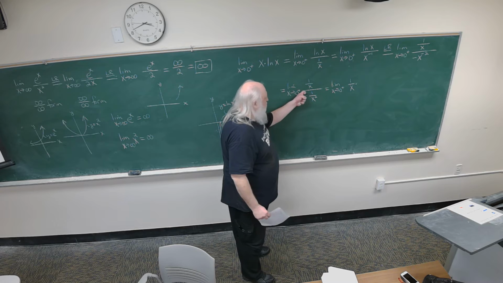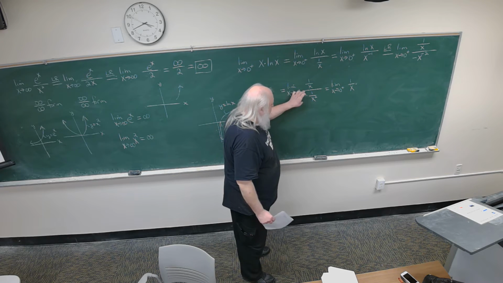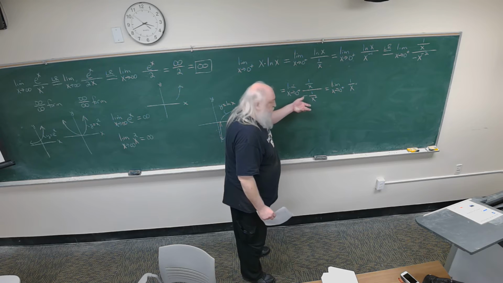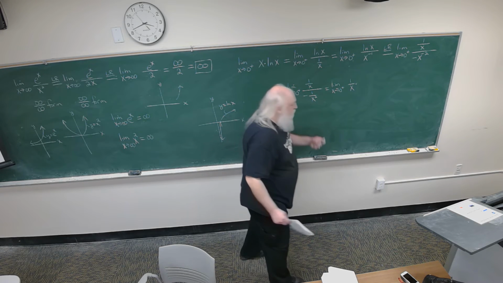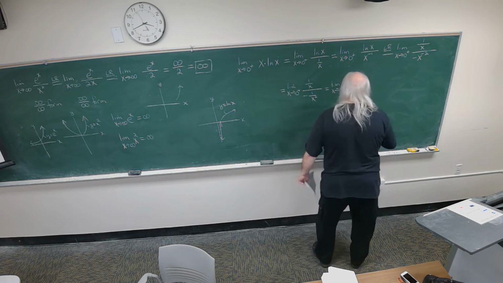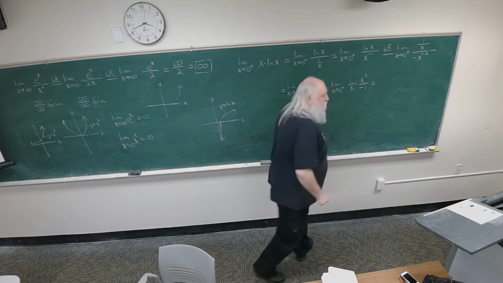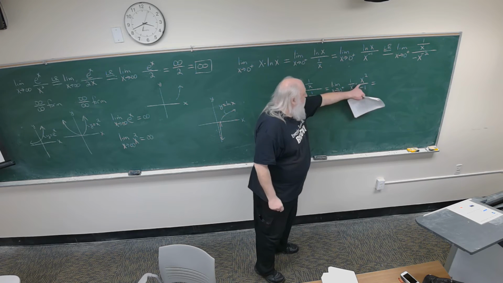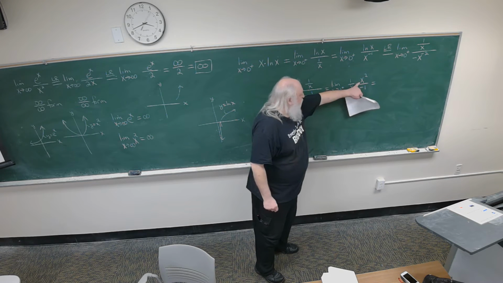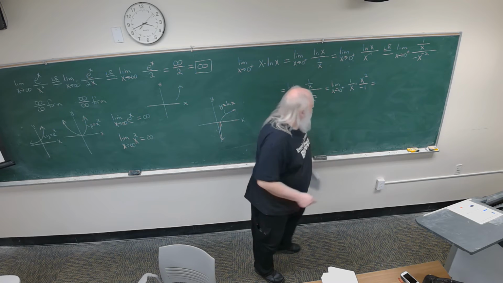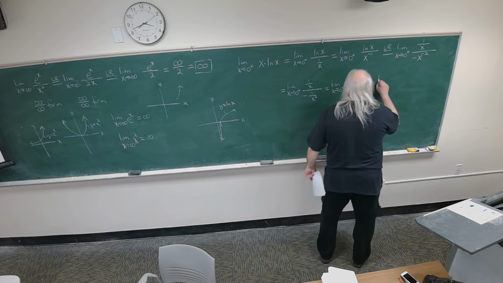Keep, switch, flip. So when you flip the negative of 1 over x squared, you get x squared over negative 1. And now, by the rules of exponents, let's just multiply straight across.